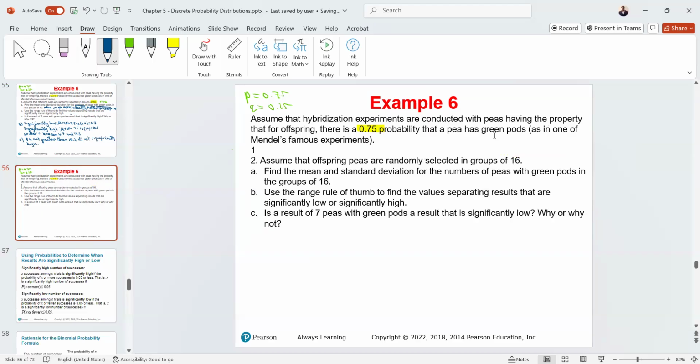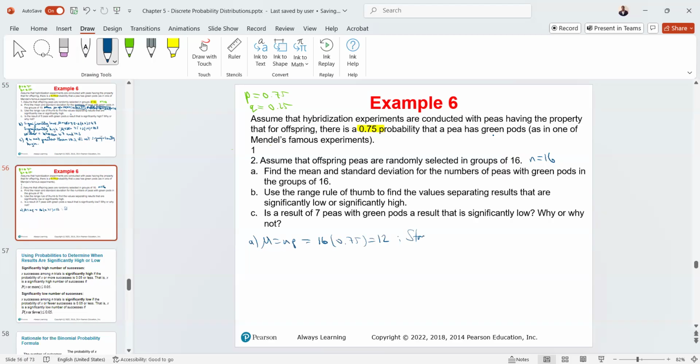But for us now, in the second example you see here, we see that it's the same type of question because n here is 16. All right, if n is 16, the mean mu is NP, so 16 times 0.75. You can check your calculator. That would give you 12.